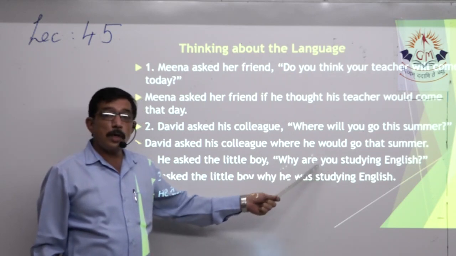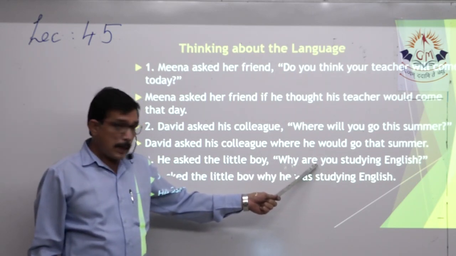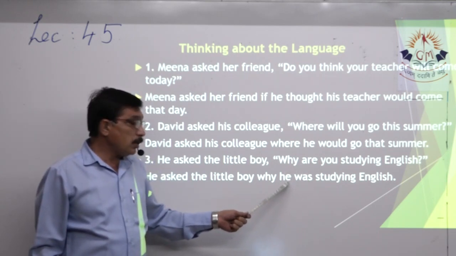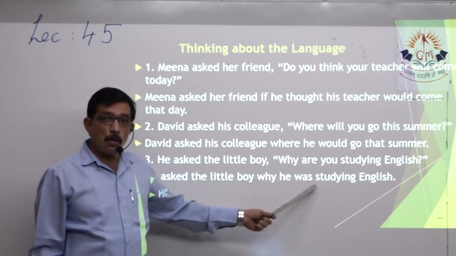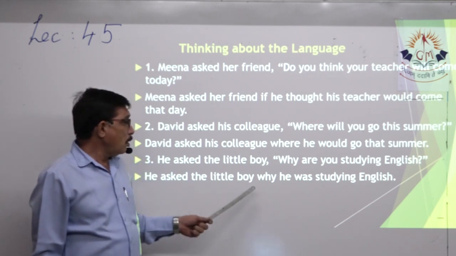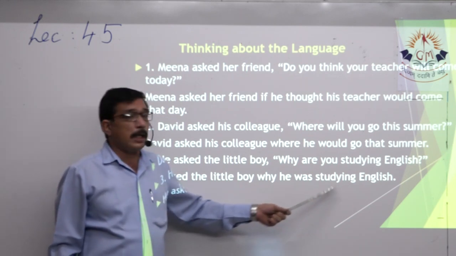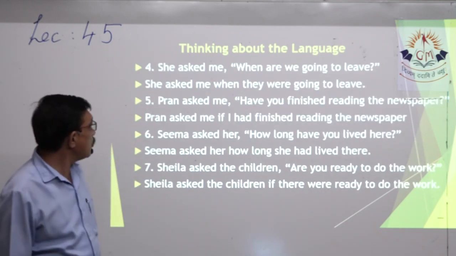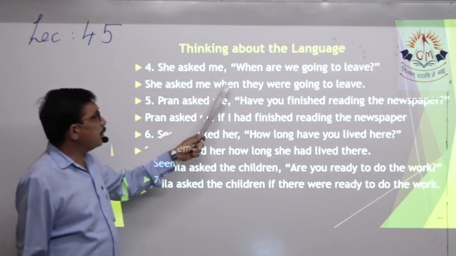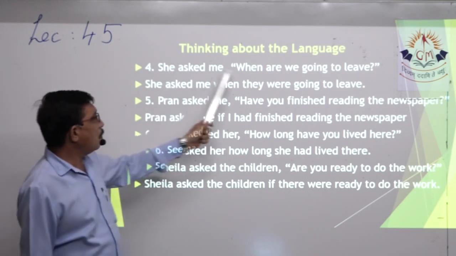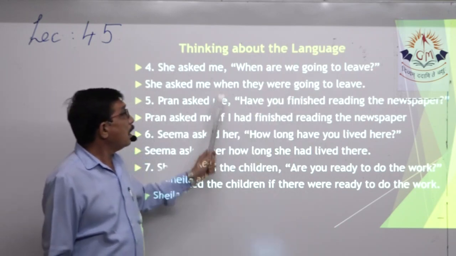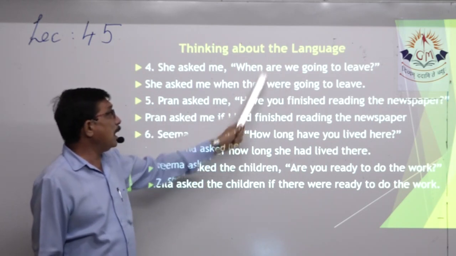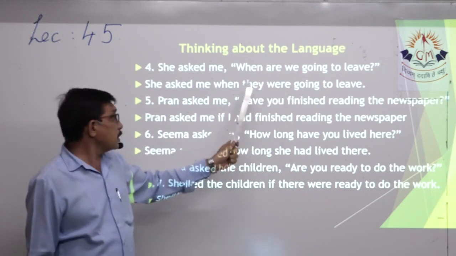Because it is you, I am using are in the direct, but when I am reporting it, because I am using he, singular, I will use was. Why he was studying English. She asked me, when are we going to leave? We is plural, so they, and when they are becomes were, because they is plural.